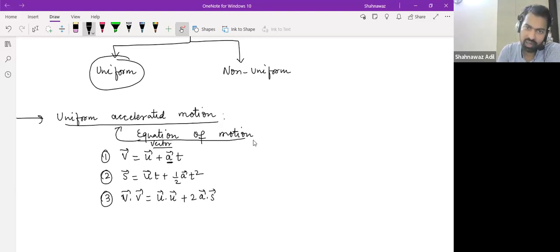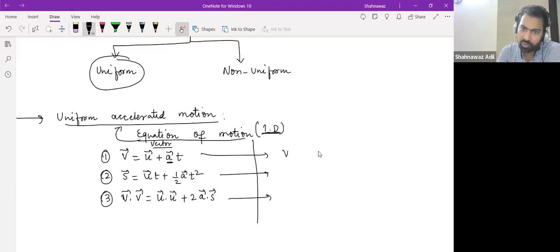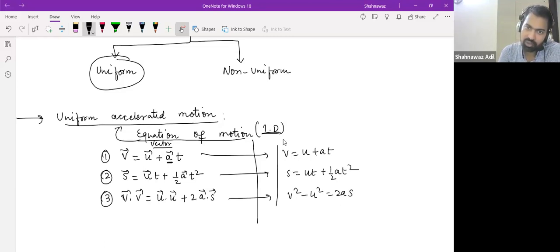But we are talking about motion in 1D, so we can write this as V equals U plus AT, and S equals UT plus half AT square, and V square minus U square equals 2AS. Why? Because we are talking about motion in 1D.